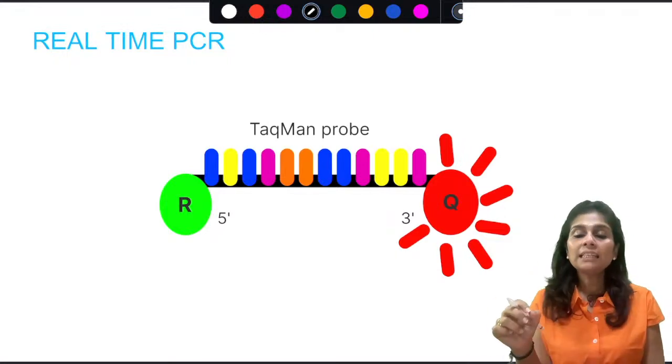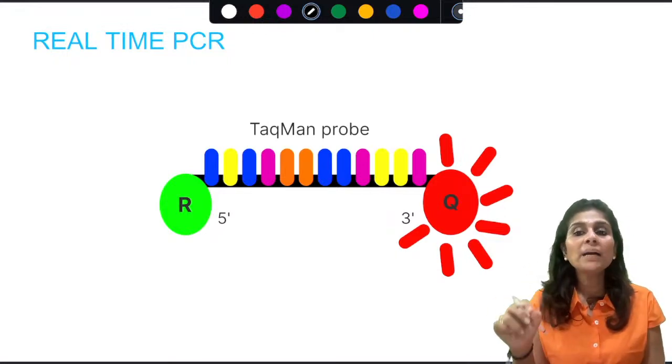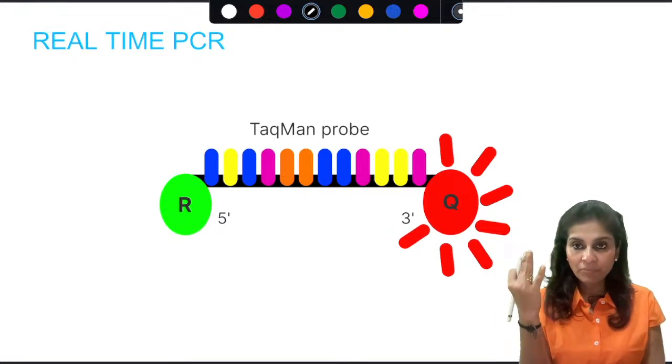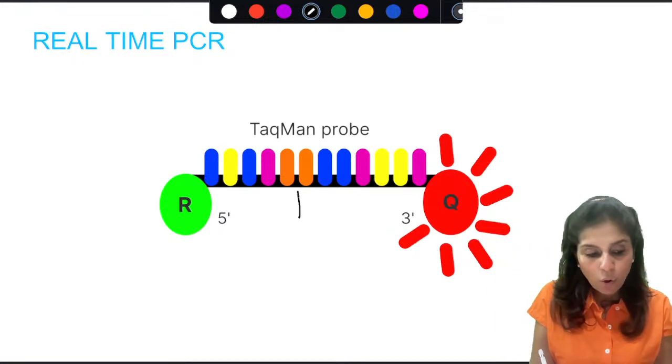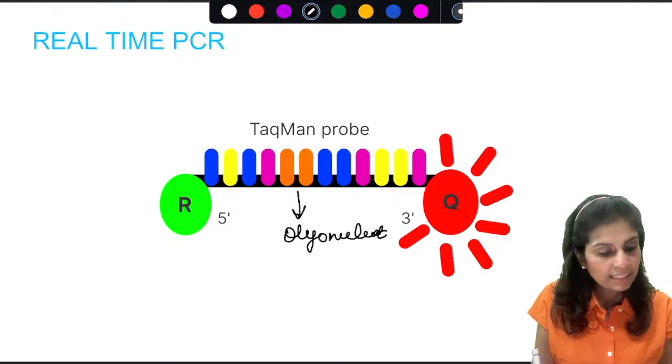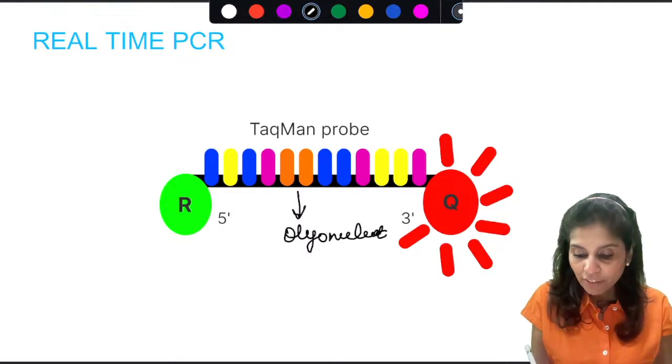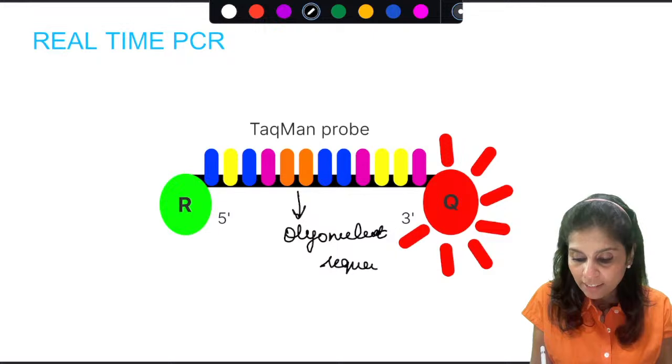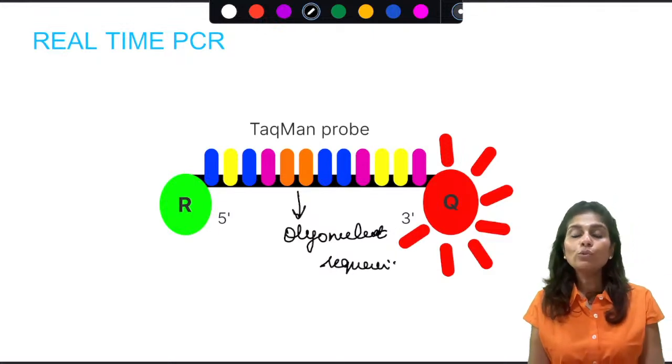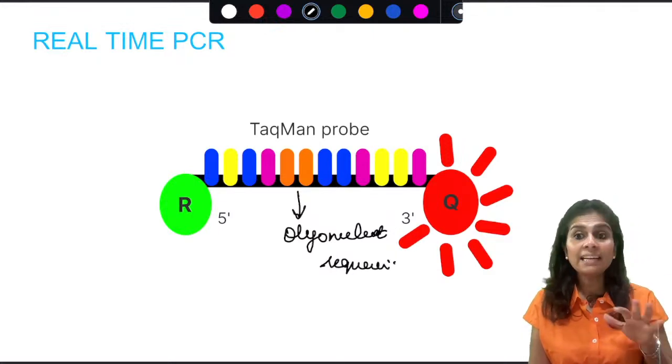So in real-time PCR, we use a TaqMan probe. This TaqMan probe has got 3 parts. The first part is an oligonucleotide sequence. Yes, it's a live session. So the first part is an oligonucleotide sequence. And this oligonucleotide sequence is not a random sequence.